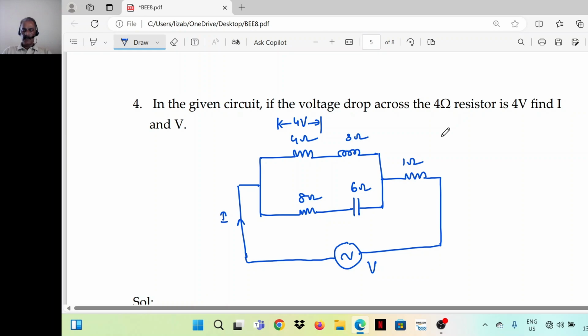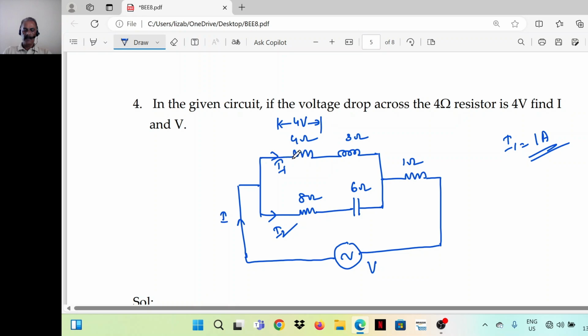So from this information we can find out, let's take this current as I1, this current as I2. So I1 is equal to 4 volt divided by 4 ohm, that is 1 ampere. So it's given that voltage drop across the 4 ohm resistor is 4 volt.